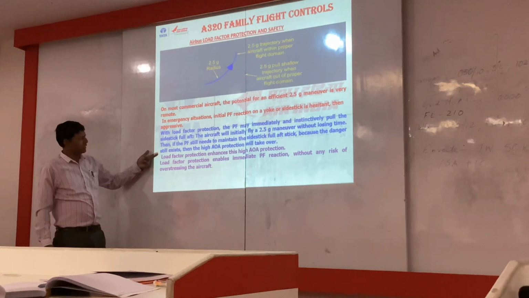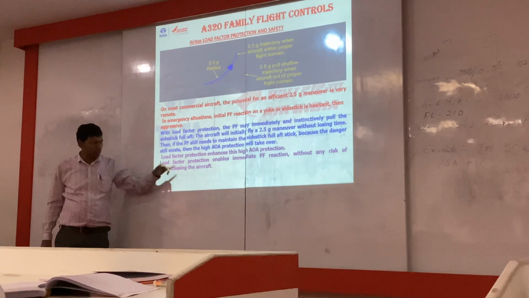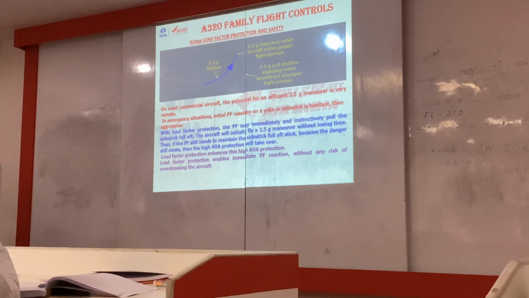The pilot has pulled completely back and is still maintaining, so the protection will activate. Load factor protection is enhanced with high angle of attack protection. This enables immediate PF reaction without any risk of overstressing.